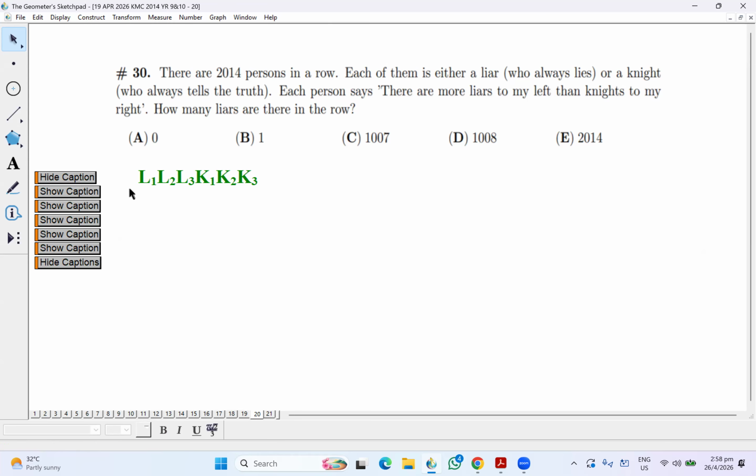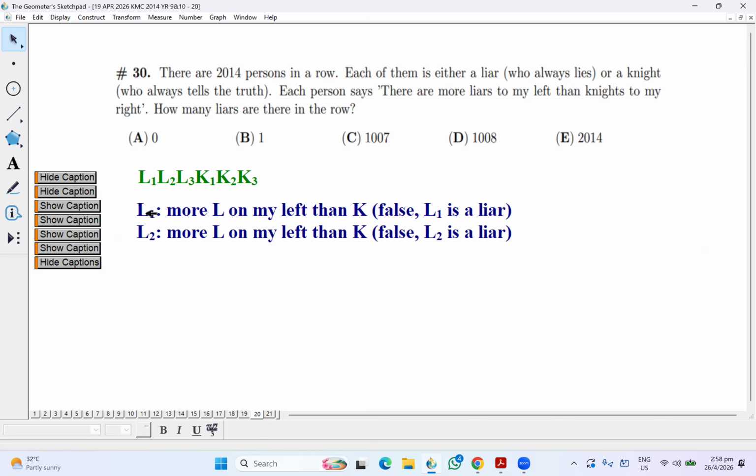Then if we look at liar 1, liar 1 says more liars on my left than knights, which is false. On the left is 0, on the right got 2, so the statement is a lie. So L1 is a liar.